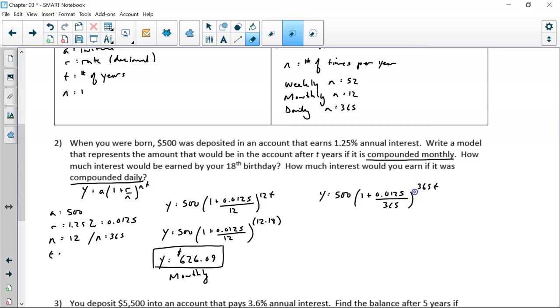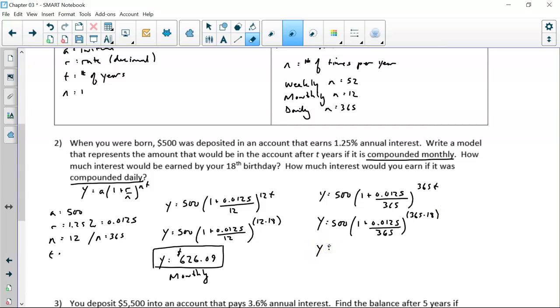That would be the basic one. So y equals 500 times 1 plus 0.0125 divided by 365 raised to 365 times 18.